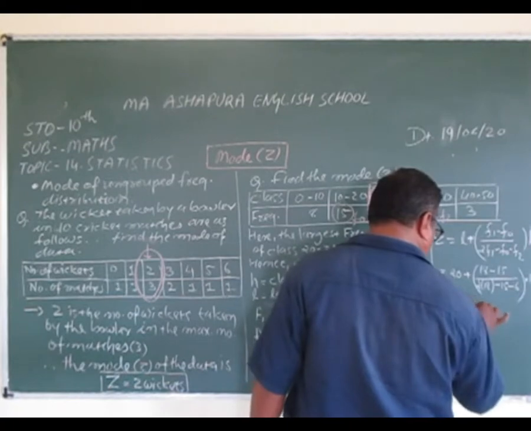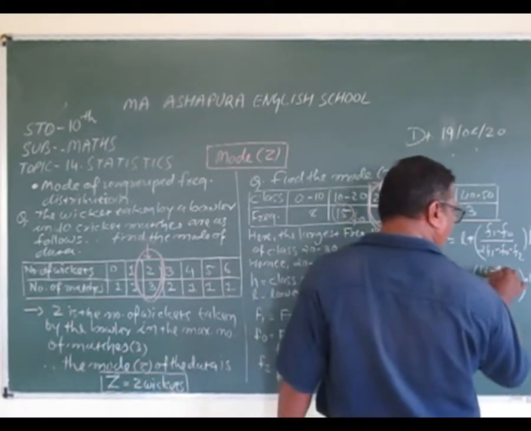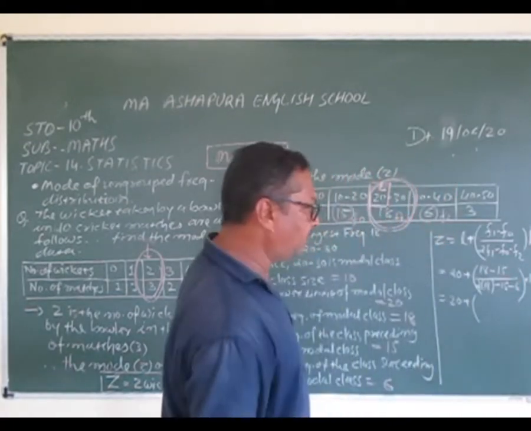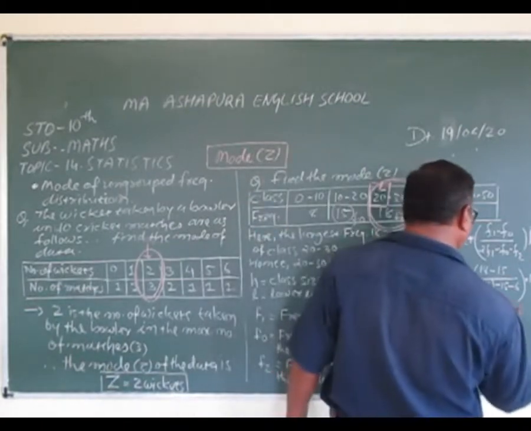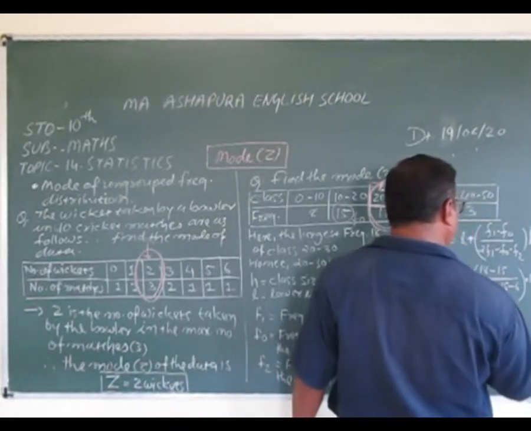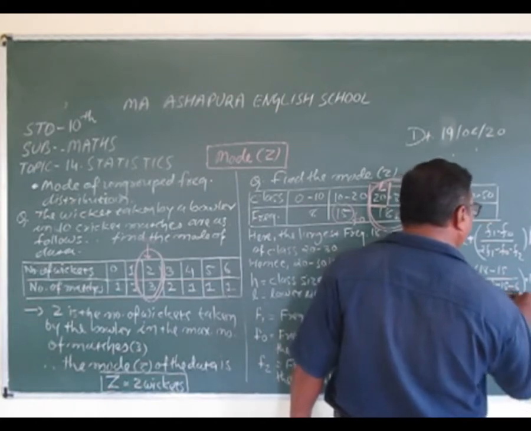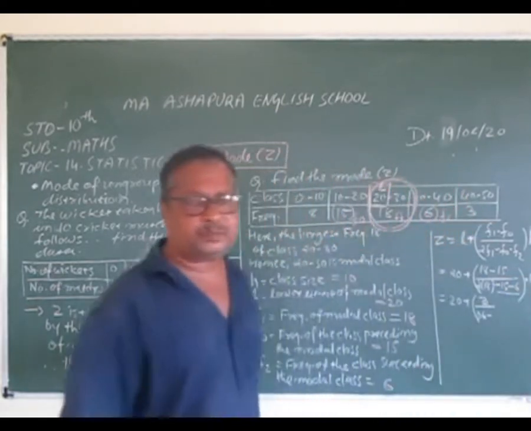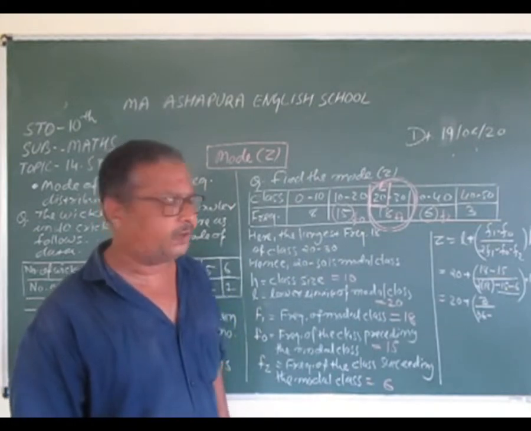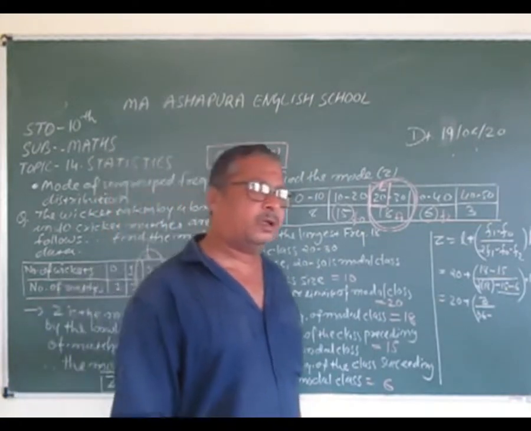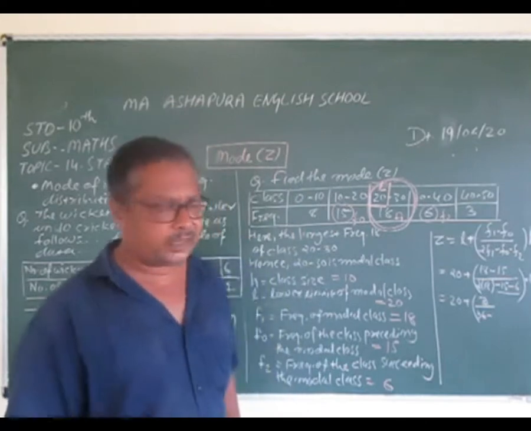Now simplify the bracket. In the numerator, 18 minus 15 is equal to 3, and in the denominator, 2 18s are 36 minus the two negative integers 15 and 6. We know very well that the sum of negative integers is always negative.